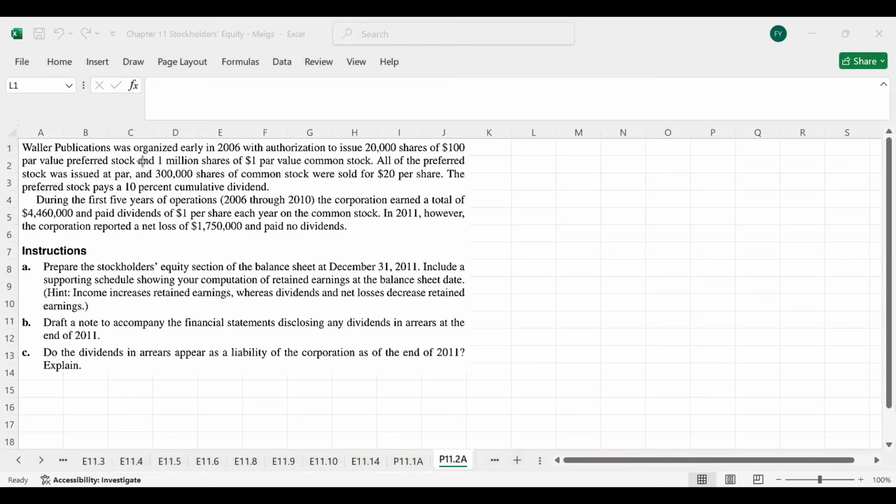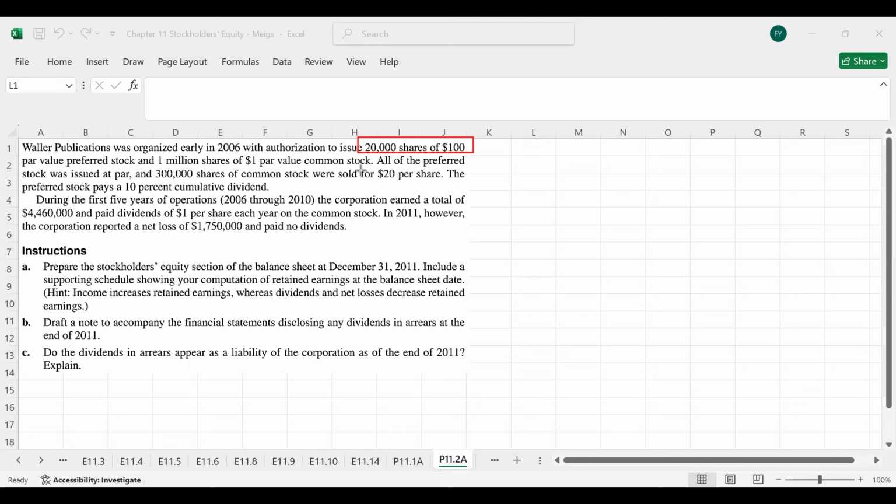The company was organized in 2006 with the authorization to issue 20,000 shares of $100 par value preferred stock and 1 million shares of $1 par value common stock. So these are the authorized share capital. All of the preferred stock was issued. So there were 20,000 authorized preferred shares, and all were issued.